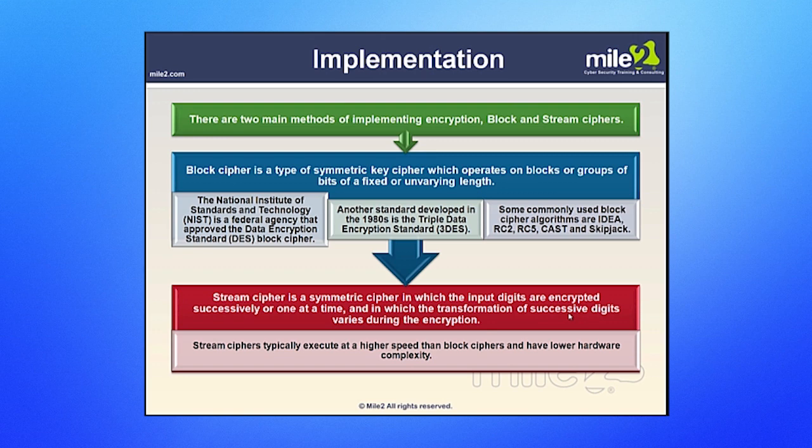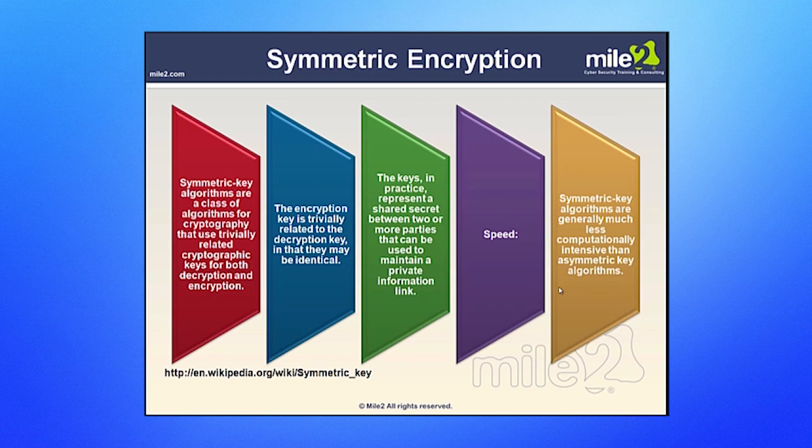The stream ciphers are still considered symmetric, but the idea is to encrypt one bit at a time. A good example of a stream cipher would be RC4, which we see used in WEP encryption for wireless, and actually WPA as well. Stream ciphers execute at a higher speed than block ciphers, with less complexity.